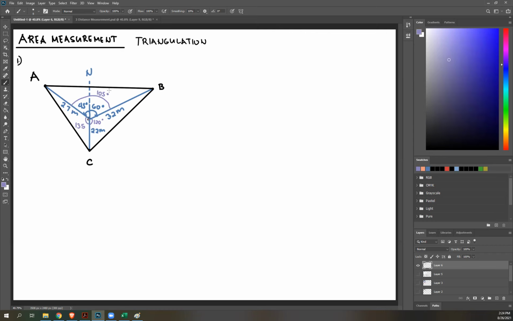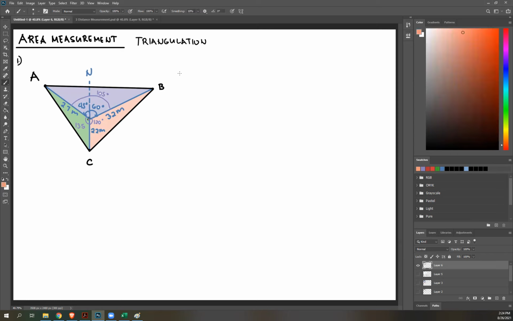So now let's solve. Let's divide this into our areas. So let's say this is my area A. This is area B. And this is my area C. All right. So let's do that.